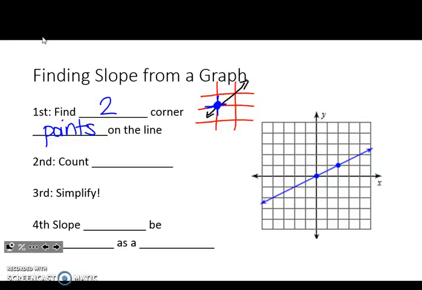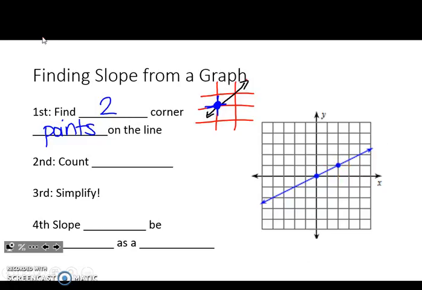As you can see on the graph over here, they've already found two corner points. It is on the graphed line where an x and a y line meet. So see how it's in the corner of that line.